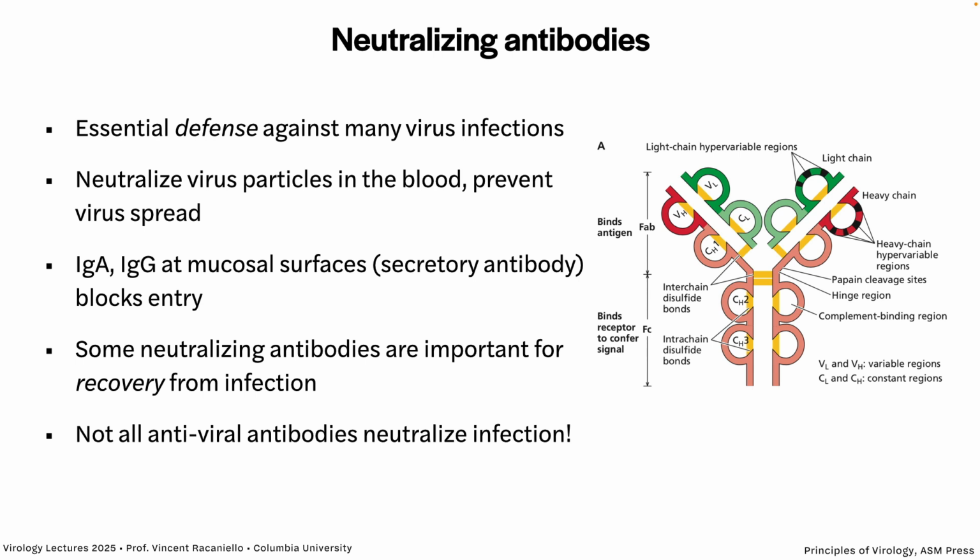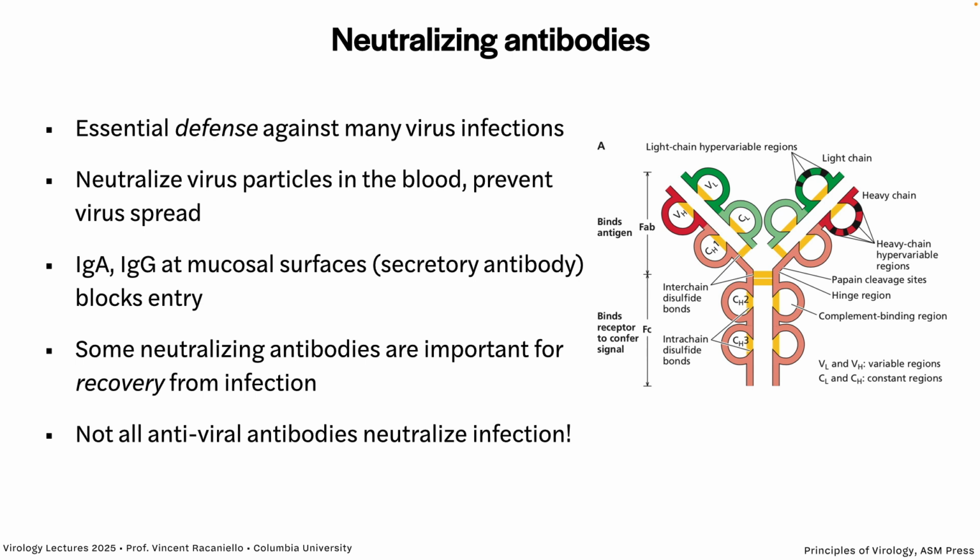Infection, you're going to reduce it and therefore influence the subsequent disease. Sometimes antibodies are also important for recovery. Probably together with T cells, they're important for recovery for infection because they sop up all the virus that's being made. Okay, so these are called neutralizing antibodies.